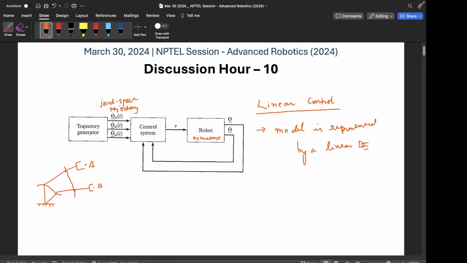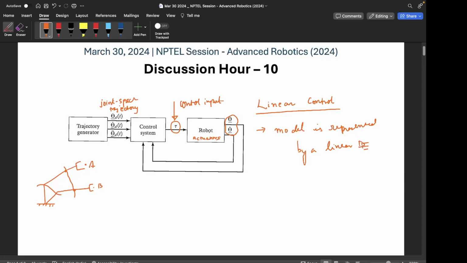So this block generates the trajectory for moving the joints, and this is fed into the control system. Now in the block diagram shown here, the control system generates the control input, and this is the output.